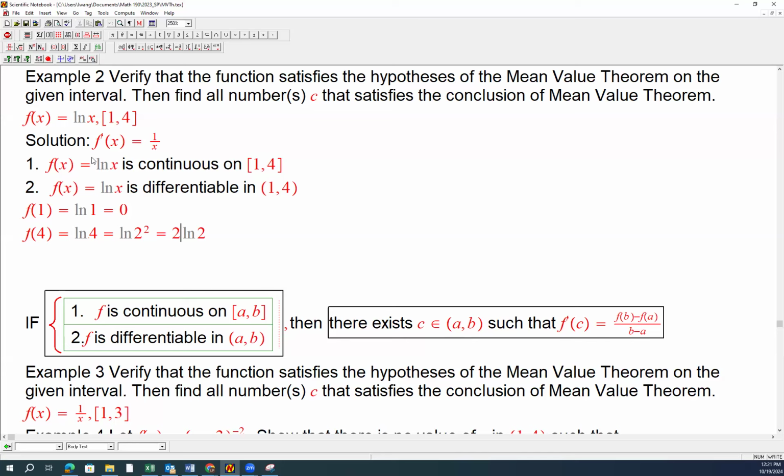We may or may not need this, but just in case, we have these two forms. You can use ln 4, or you can use the one after we apply the power rule, which is 2 times ln 2.